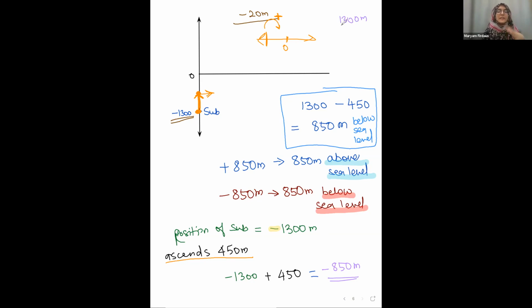You have subtracted that much distance, like you have said, it's becoming closer and closer to the sea level. So you are subtracting the distance. That is also fine. But if you're doing it this way, then it becomes this, so that they're both the same. Are you understanding how they are both the same?